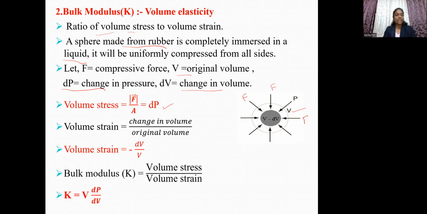Now let us write the SI unit for bulk modulus. We know that strain has no unit and dimensions. So bulk modulus has the same unit and dimensions as that of the stress. So its SI unit is Newton per meter square and its dimensions are L raised to -1, M raised to 1, T raised to -2.